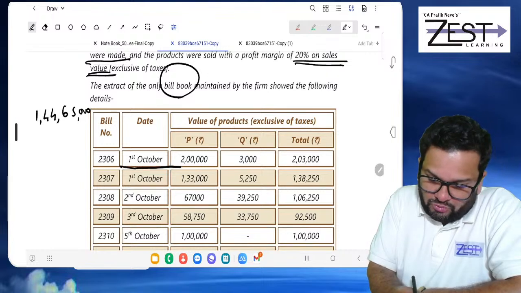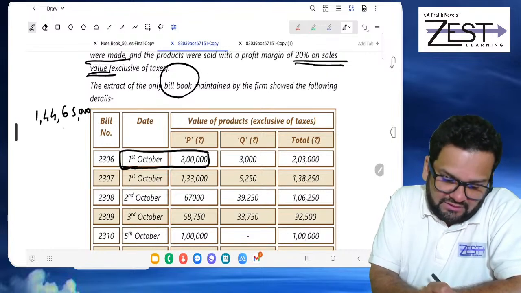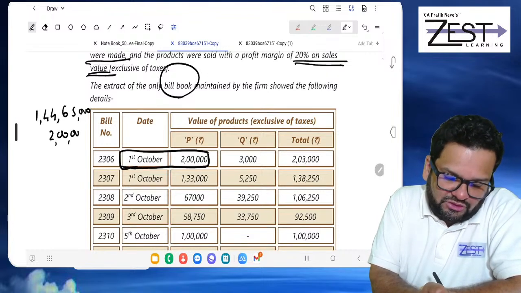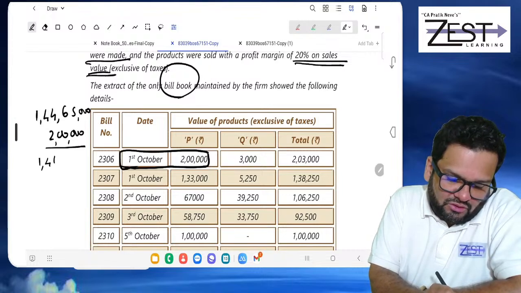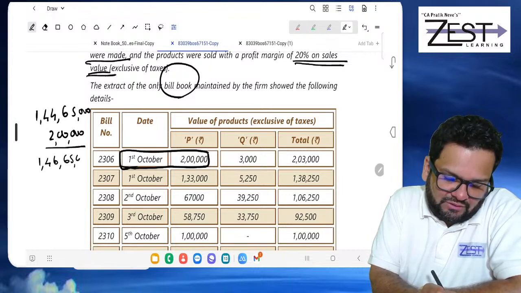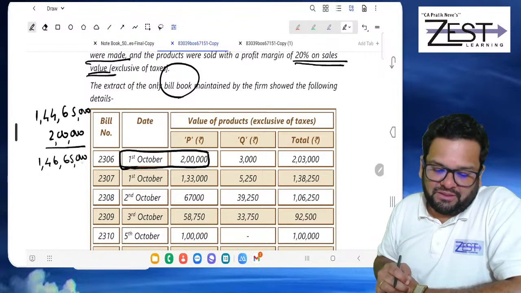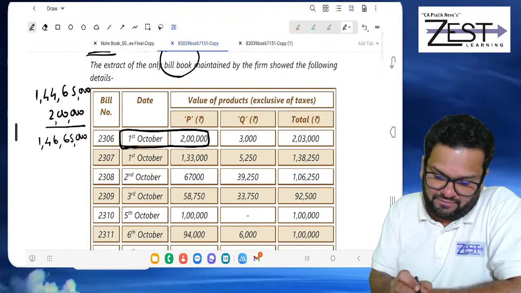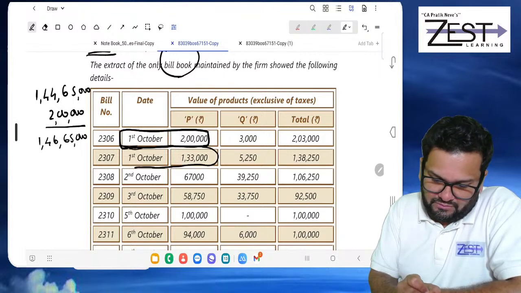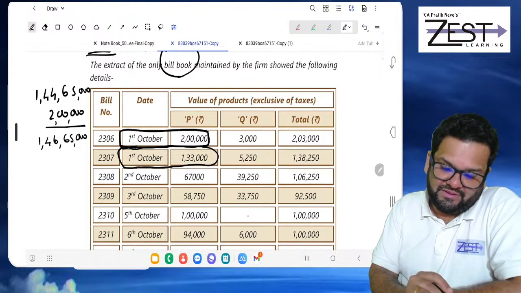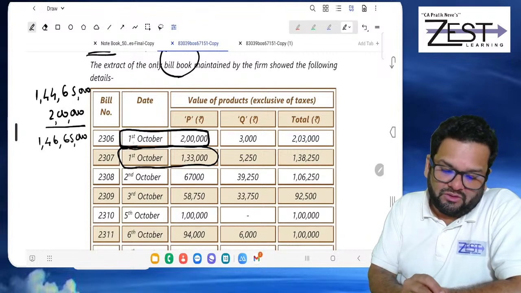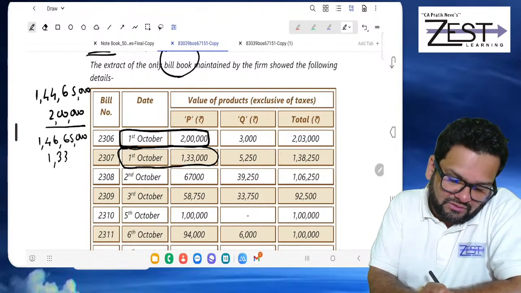Your first October sale is of 2 lakhs. So now you reached how much? Now you reached 1 crore 46 lakh 65,000. Countdown has begun. Your composition scheme is going to lapse. This on 1st October 1 lakh 33,000.